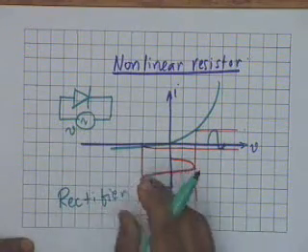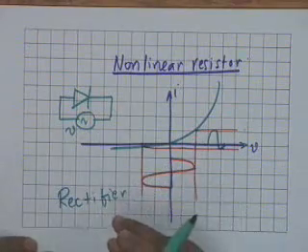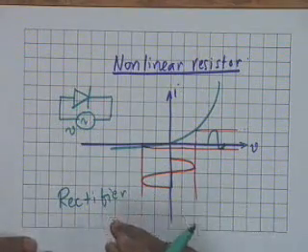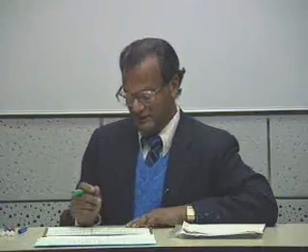That is, it accepts the positive half of the voltage, it rejects the negative half of the voltage, and that's why you could convert an AC to a DC, a unidirectional current. And if you put a DC meter, then you shall measure the average value.